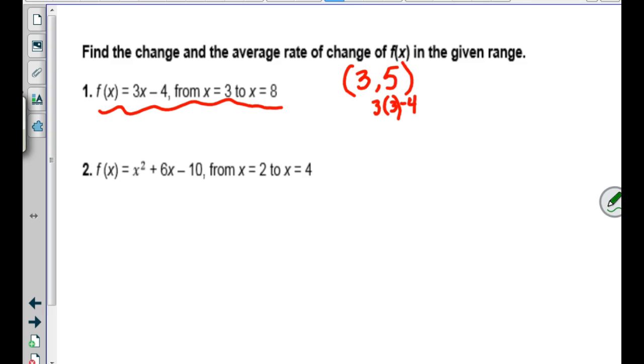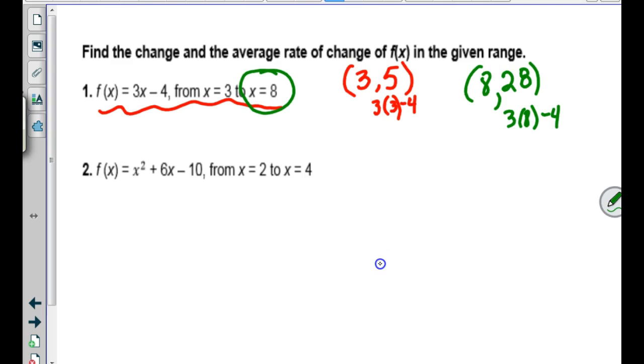Okay, then I'm going to go back and do 8. So it's going to start with x equals 8, and how am I going to find the y value? 3 times 8 minus 4, 32 minus 4, 28. Did I get that right? Okay. Did I lose anybody yet? How we got those ordered pairs?